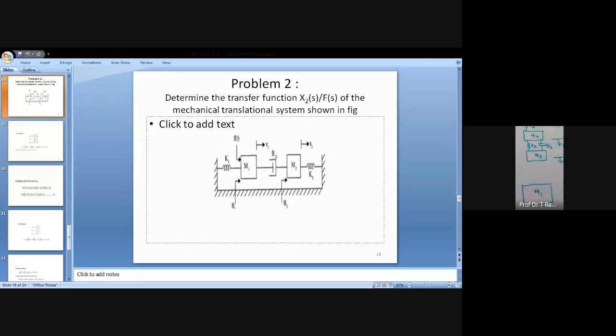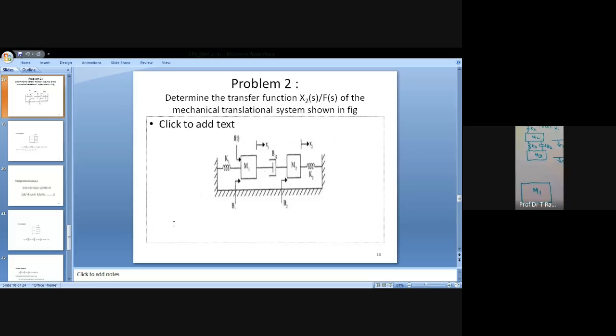You refer to the original system diagram and type your answer.